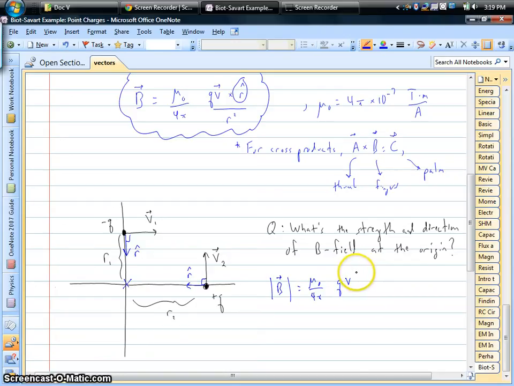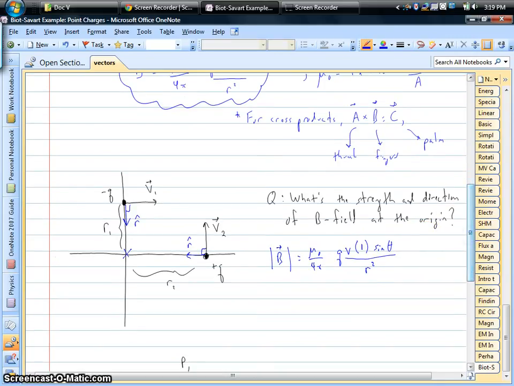Now we're going to have r hat, and the magnitude of r hat is just 1. And then what we need is the sine of the angle between the two, that is, between the velocity vector and the r hat vector. And that's all going to be divided by the distance squared. In both cases, sine theta is the sine of 90 degrees, and that's going to be 1.